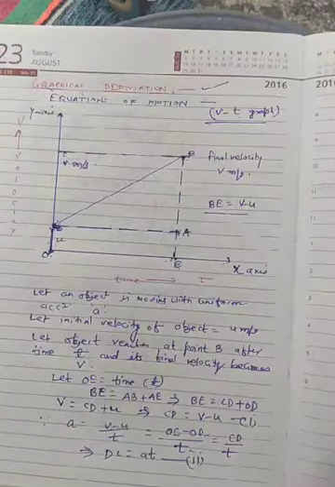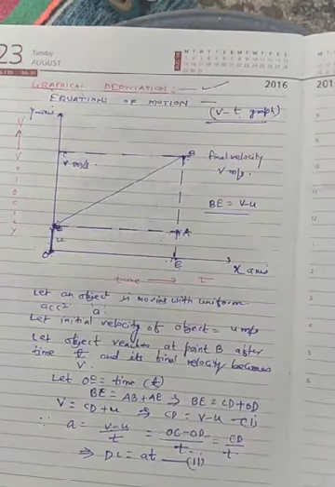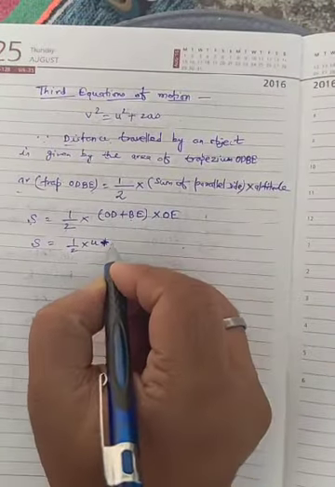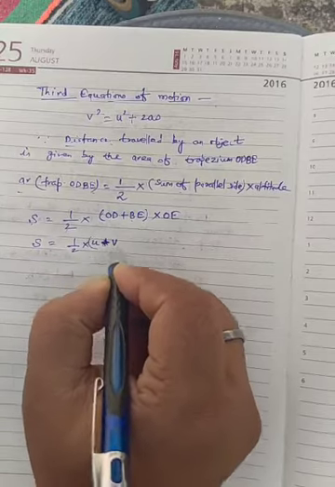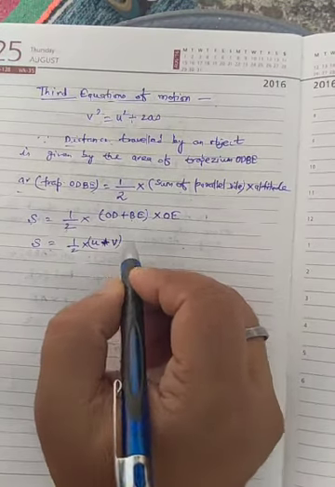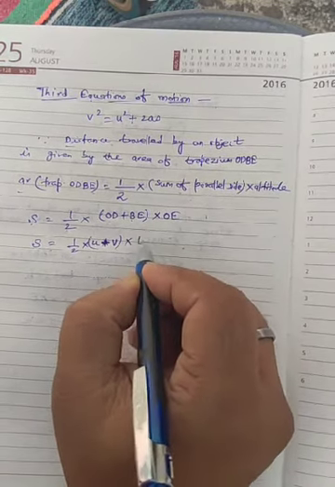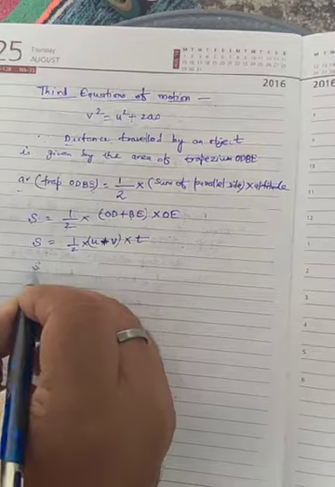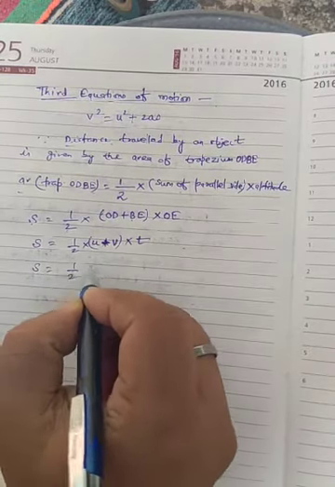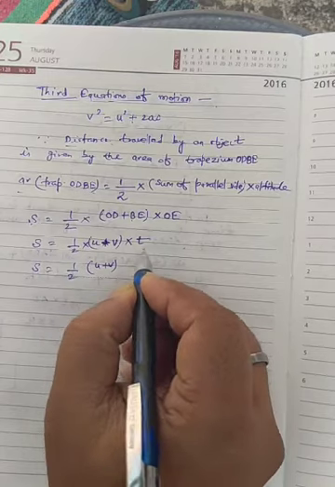Sorry, BE is the complete velocity B, not B minus U. BE is B. Now what is OE? OE will be time. So S equal to half into U plus B into time.